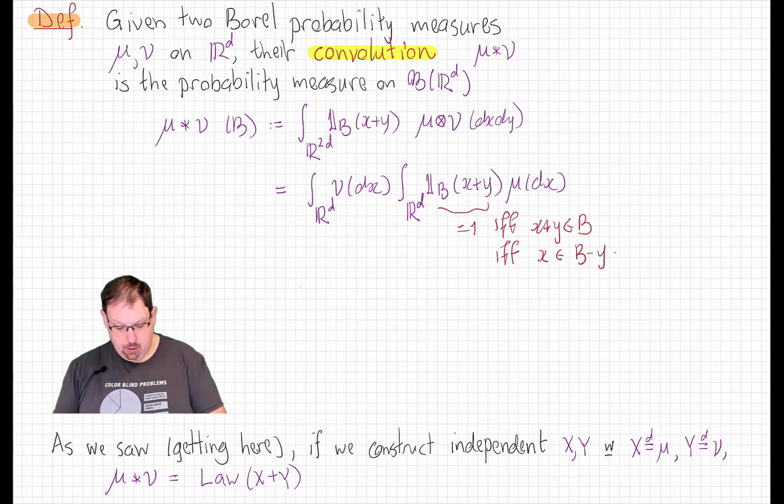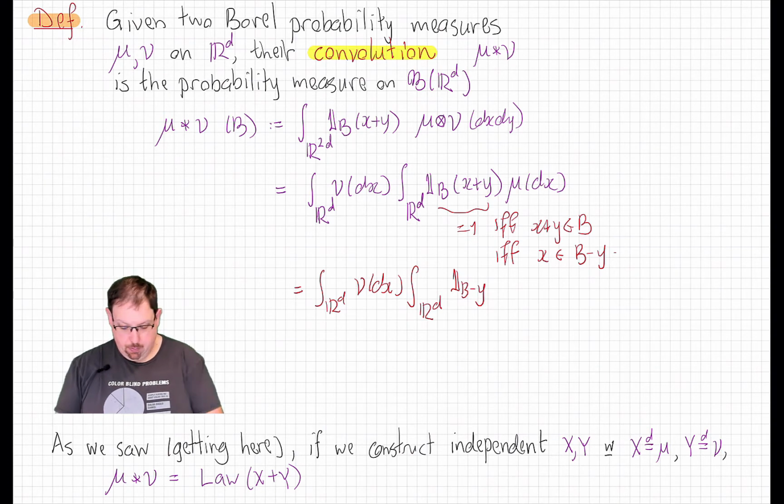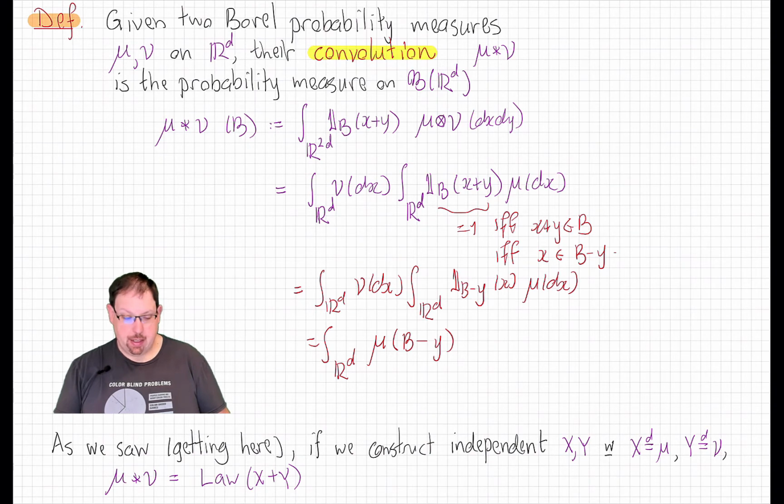And so we can just rewrite this inside integral as the indicator function of that translated set, indicator of B minus y at x. But of course that inside integral can now be evaluated. And so what we're left with is the single integral over R^d of the function, the mu measure of the translated Borel set B minus y, integrated against nu of dy.